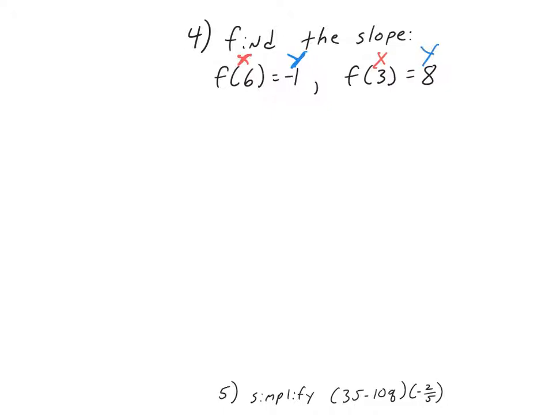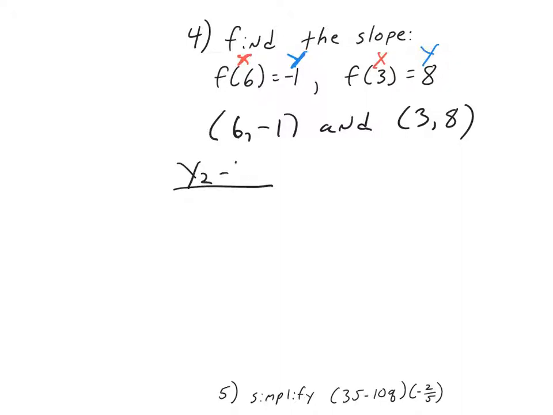So what we end up with is 2 ordered pairs. We have 6 and -1, and 3 and 8. Let's erase that. Okay, and then to do slope, we use the slope formula, which is y2 minus y1 over x2 minus x1.